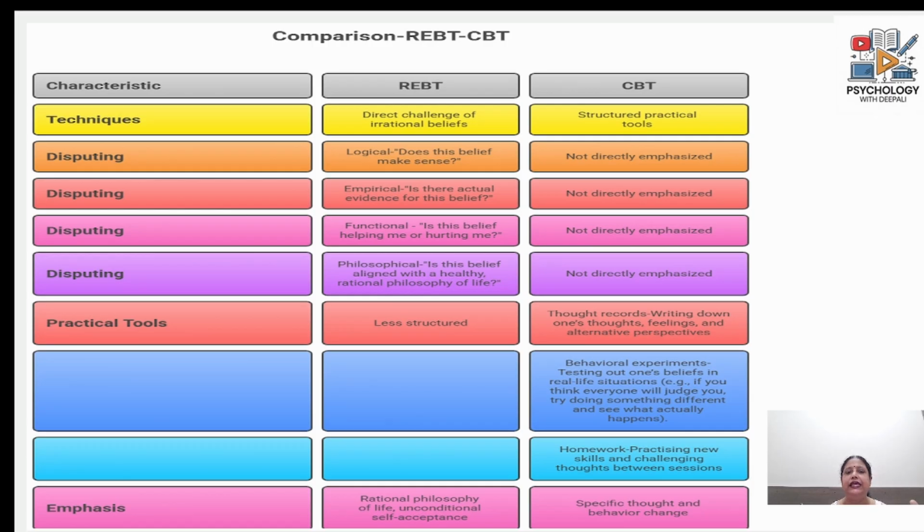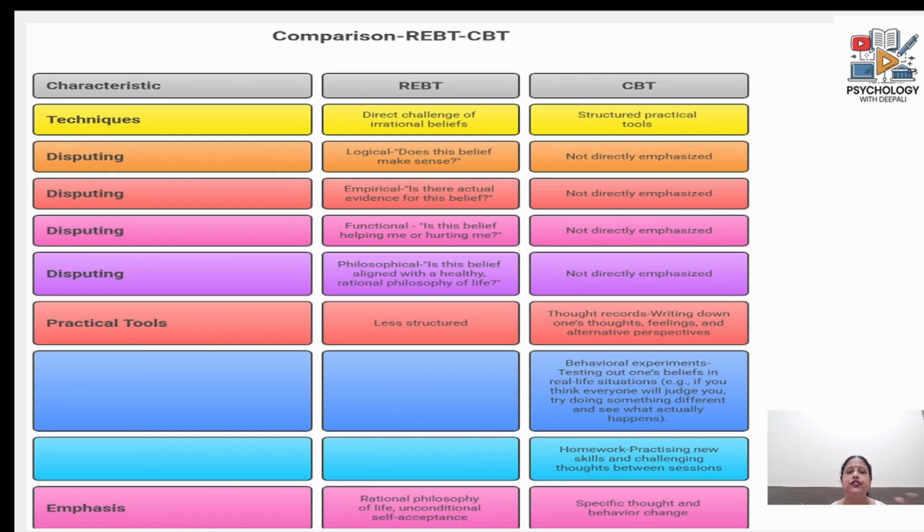Then, in terms of techniques, in REBT, there is a direct challenge of irrational beliefs. In CBT, there are practical tools which are used in a structured way to help the client reduce distress. In REBT, we have four types of disputation. You have logical disputation, where the therapist may ask the client, does this belief make sense? Empirical disputation is where the therapist may ask, is there actual evidence for this belief of yours?